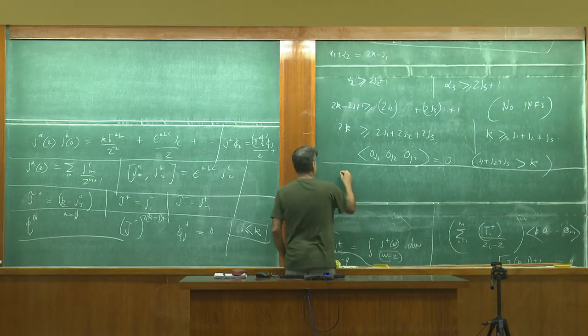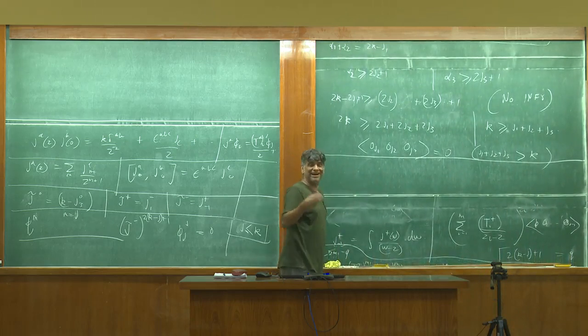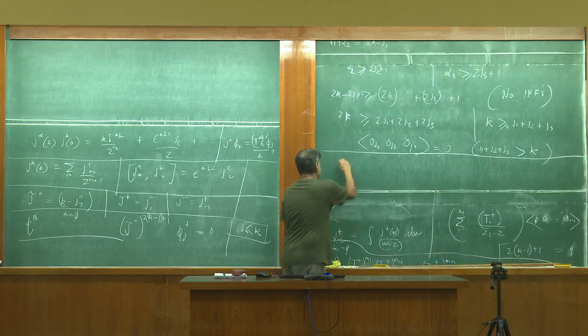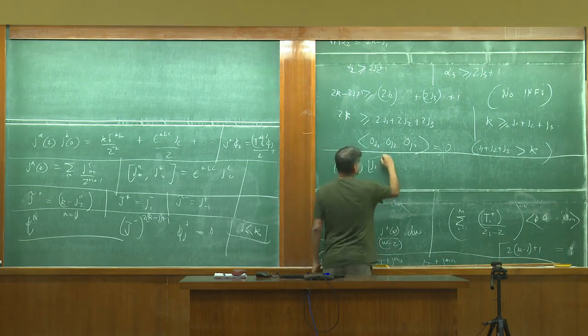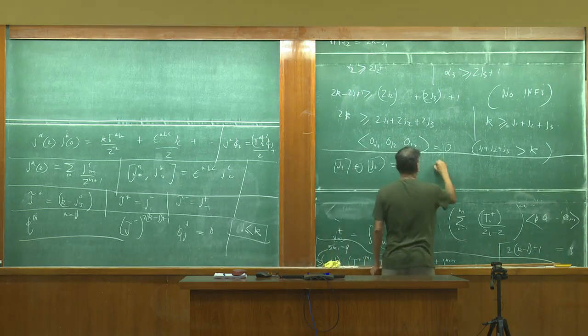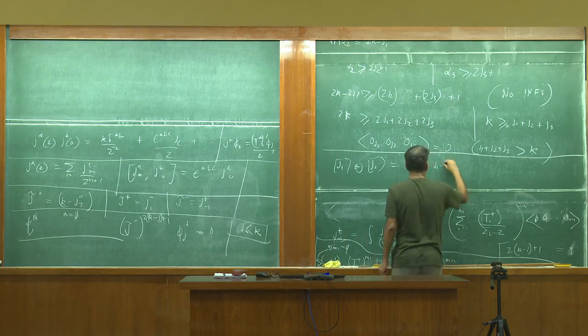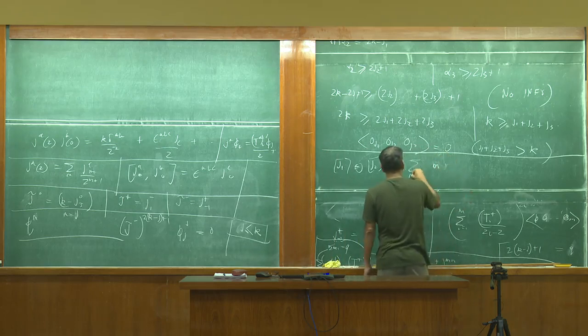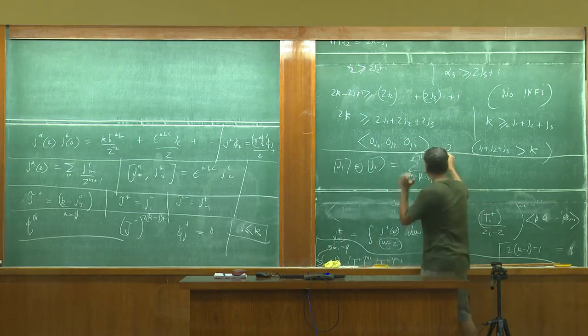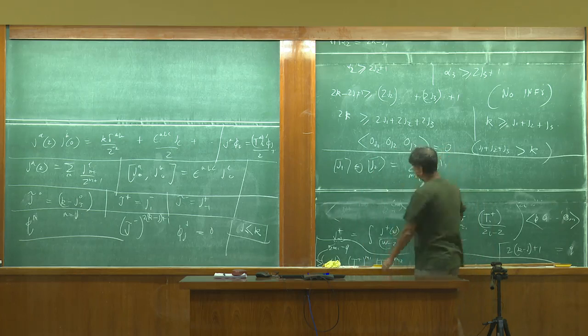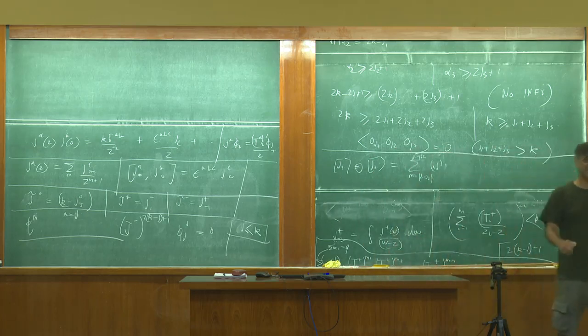The fusion rule of the SU2 Lie algebra is that J1 tensor J2 is equal to the sum over J, from J equals J1 minus J2 to J1 plus J2. This, of course, everyone knows. We learned this in our first quantum mechanics course.